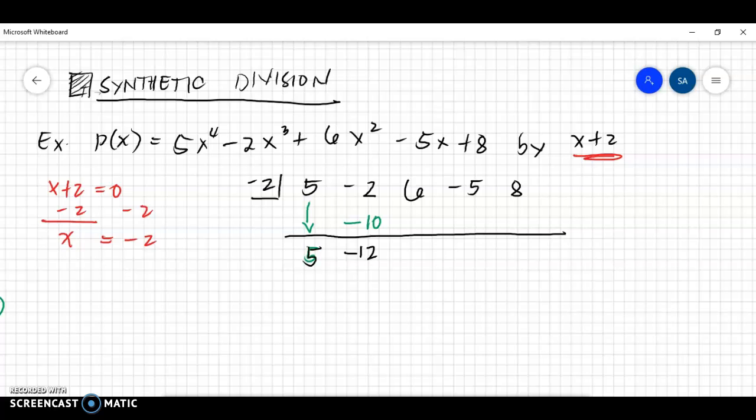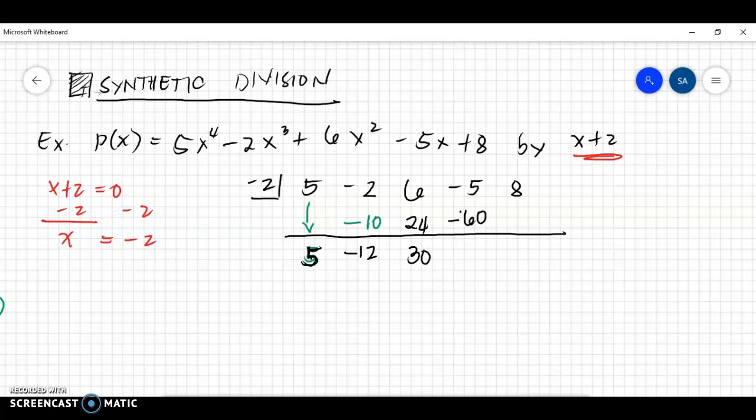So negative 12 times negative 2, that is negative times negative, so that is positive 24. Positive 24 plus 6, that is equal to 30. Next, we have 30 times negative 2, that is equal to negative 60.